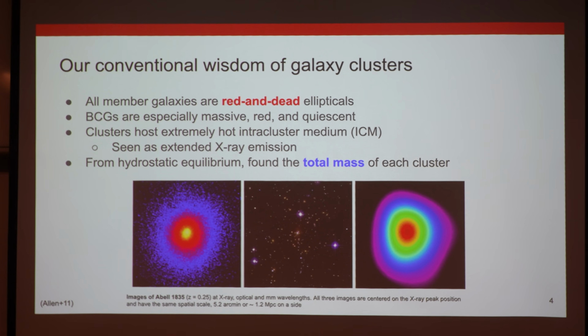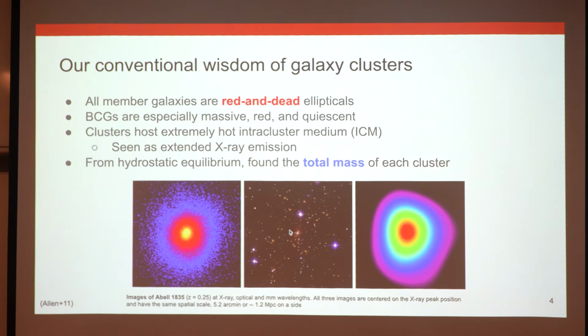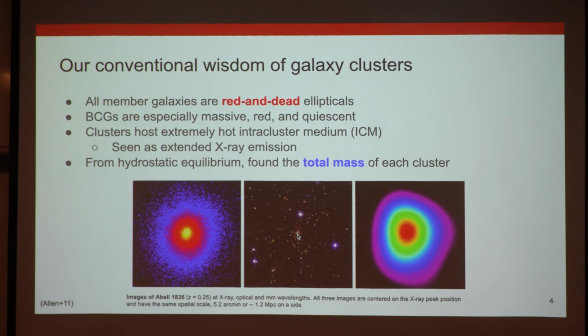But the most important thing about a galaxy cluster that a lot of people are interested in is the X-ray extended emission. Here is the image of one galaxy cluster. The BCG is here. And at the same exact scale, you can see all the X-ray emission.